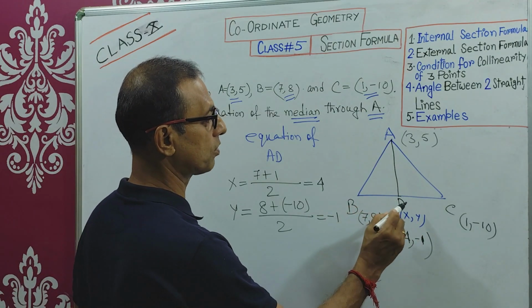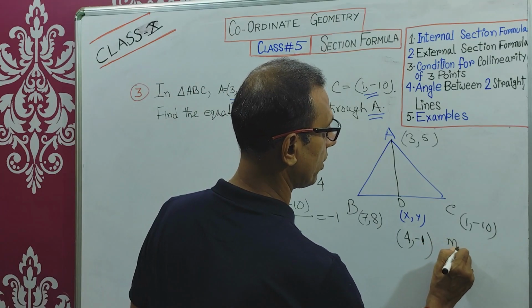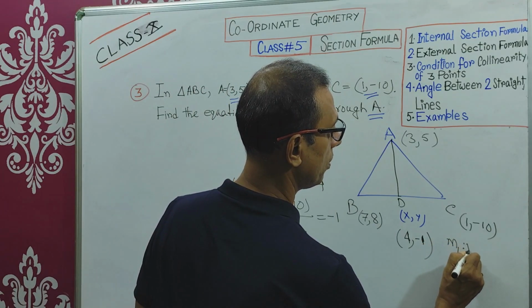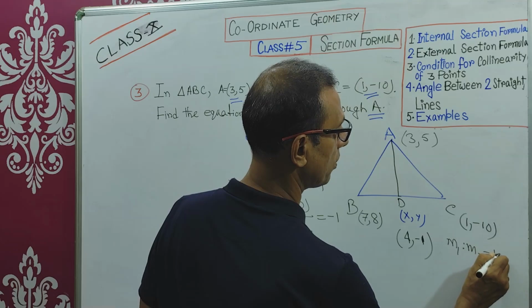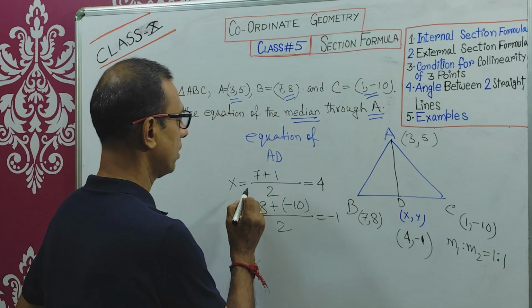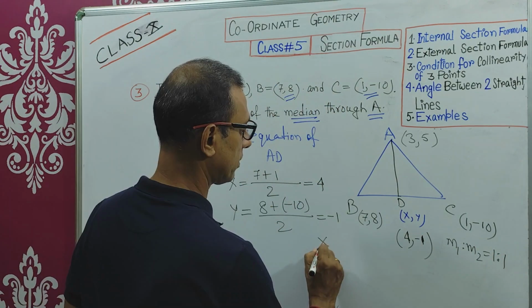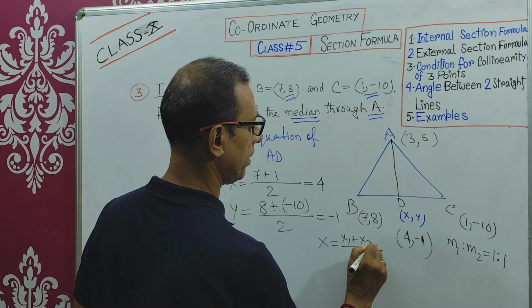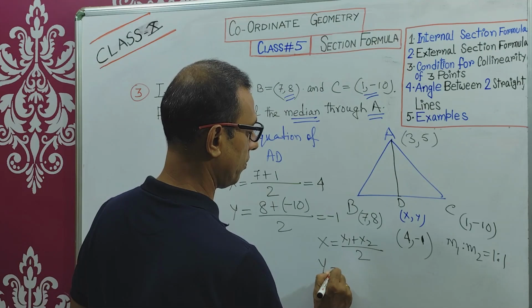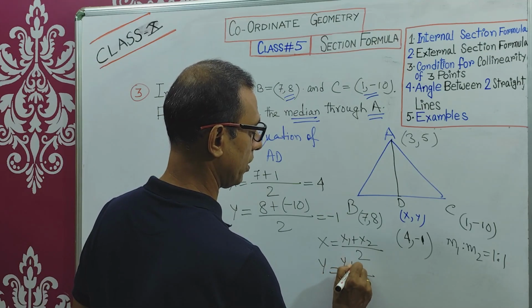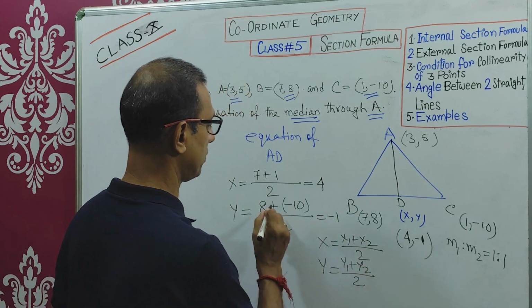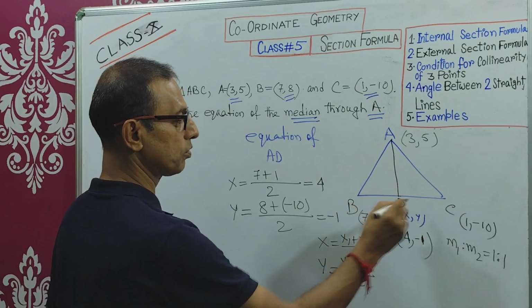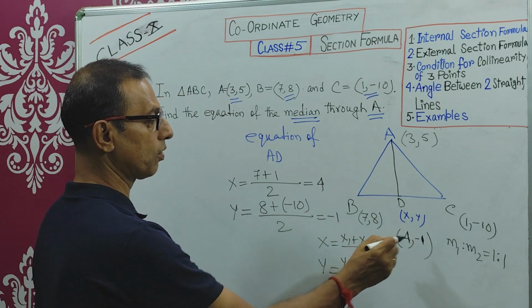That means it is 1:1. That means M1 is to M2 equals 1:1. So in that case, the formula is x equals x1 plus x2 by 2, and y is y1 plus y2 by 2.